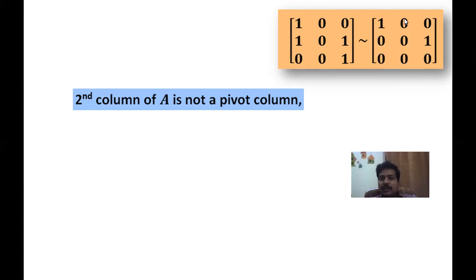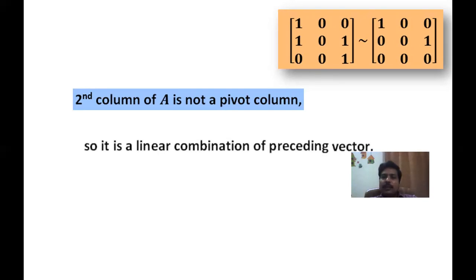So of course this is a zero vector. This can be written as 0 times this one, or any scalar.